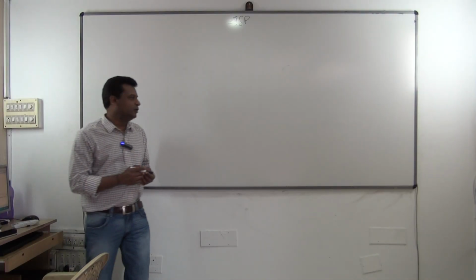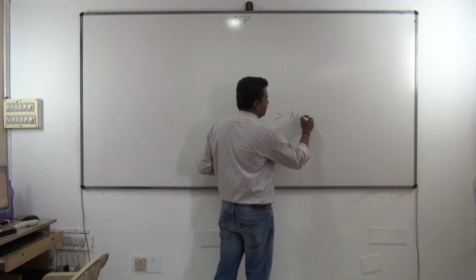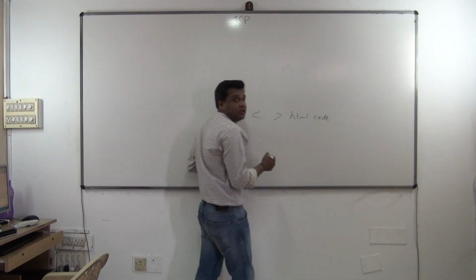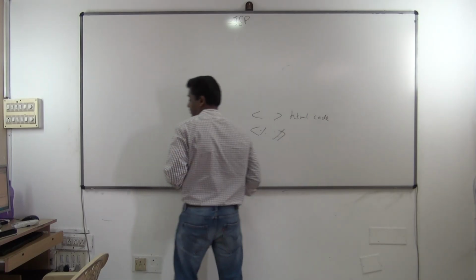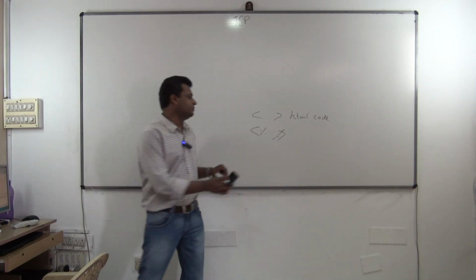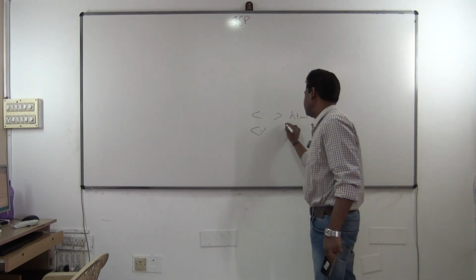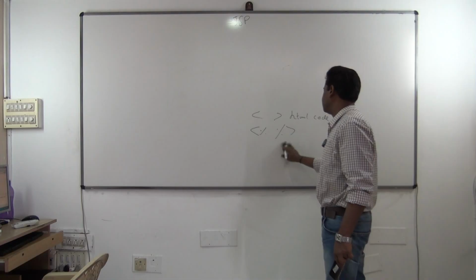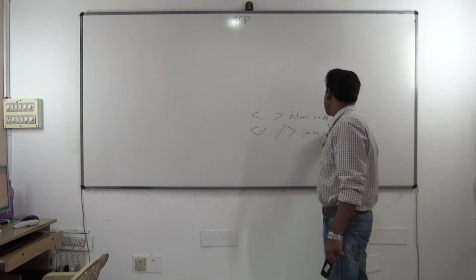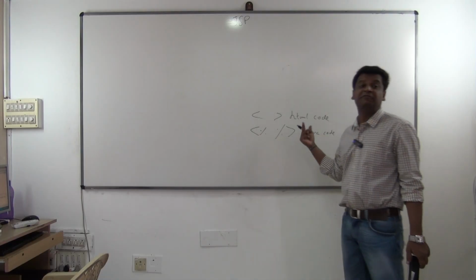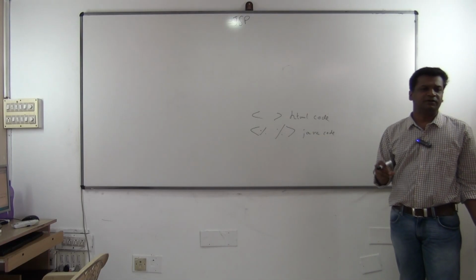And yesterday, in the last class, I told you that if you want to write HTML code, you use it within these tags, yes? And if you want to write Java code, you use these tags, yes or no? So HTML code will be written in which tag? Angle brackets. Java code will be written in the same angle brackets only, but a percentage sign will come. So this is where you'll be writing Java code. That's how you can differentiate between HTML and Java code in your JSP.